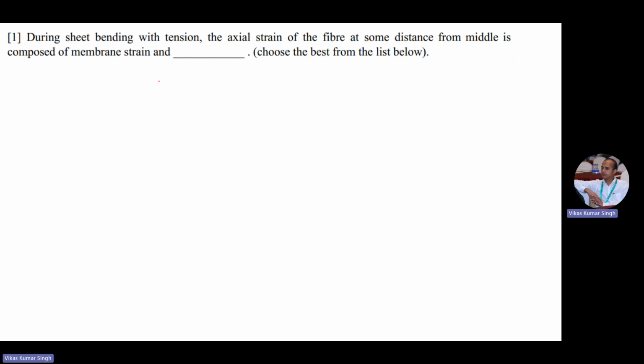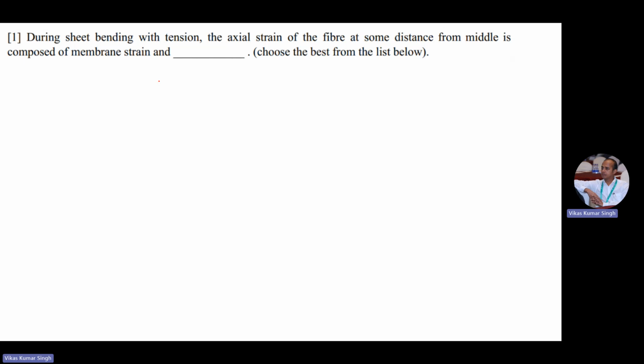The first question is: during sheet bending with tension, the axial strain of the fiber at some distance from the middle is composed of membrane strain and what? The question asks that the axial strain of the fiber in sheet bending is simply the sum of which two types of strain.